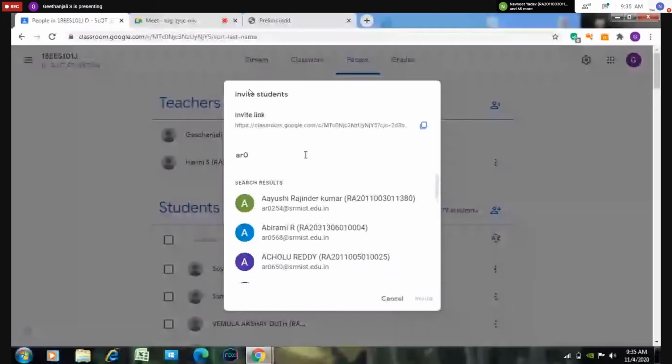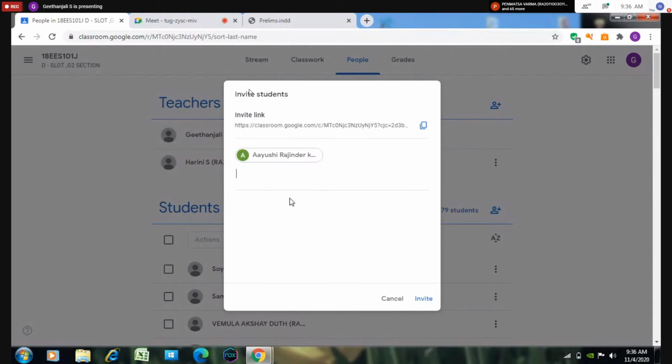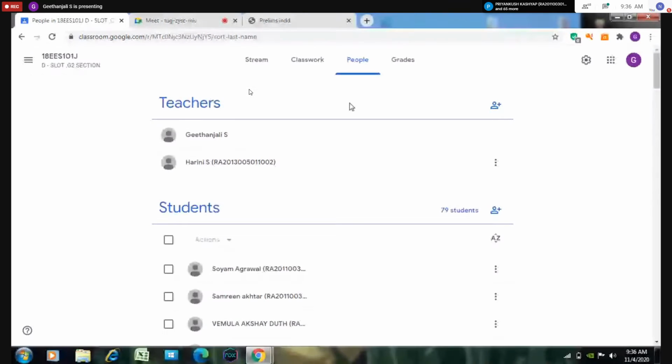AR0254 at SRMIST.edu.in, Ayushi Kumar. I send the invitation, you accept the invitation, and automatically your name will be added in the GCR. Okay.